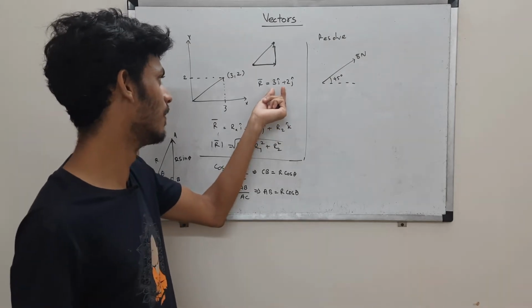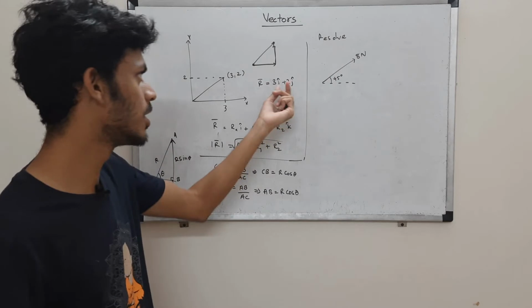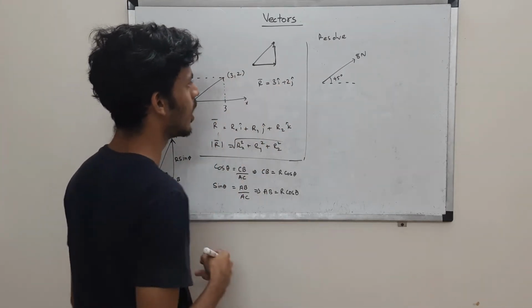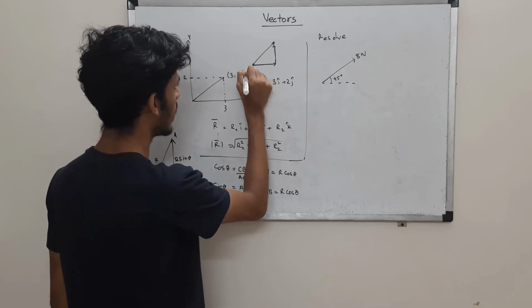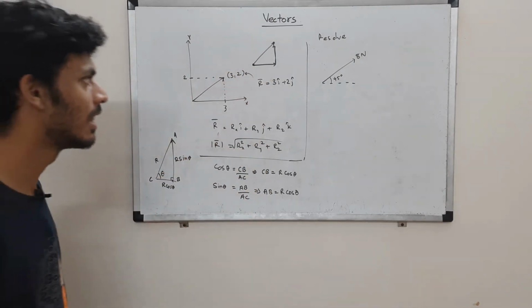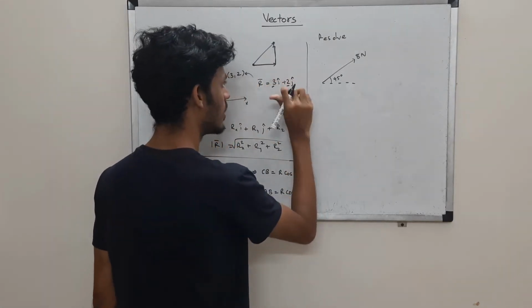So 3 i cap means move 3 units along the x-axis, and 2 j cap means move 2 units along the j cap axis. You reach the point 3 comma 2. So this vector can be represented as 3 i cap plus 2 j cap. Here the point to note is that 3 and 2 are scalars, right?